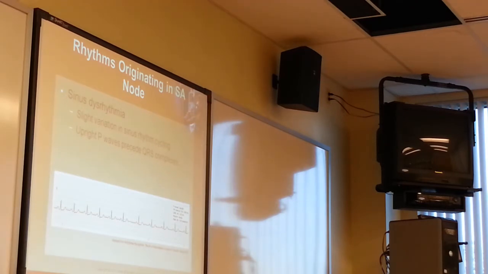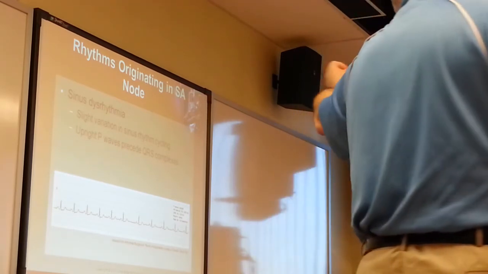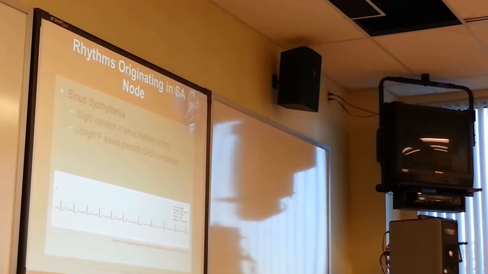So we're going to talk about the SA node. What is the SA node also known as? The pacemaker. It's the natural pacemaker for the heart. Where does it sit? In the atrium, anterior atrium on the right side.